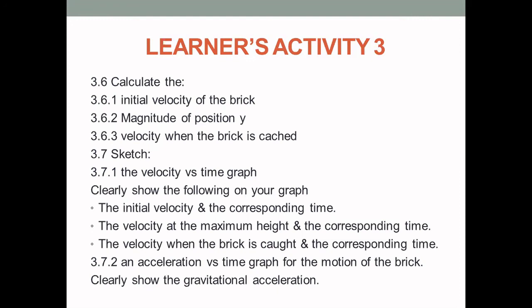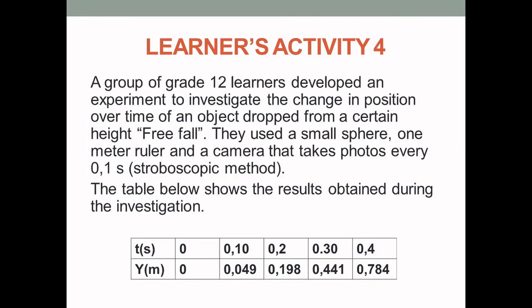Clearly show the following on your graph: the initial velocity and the corresponding time, the velocity at the maximum height and the corresponding time, the velocity when the brick is caught and the corresponding time. 3.7.2. Sketch an acceleration versus time graph for the motion of the brick. Clearly show the gravitational acceleration.